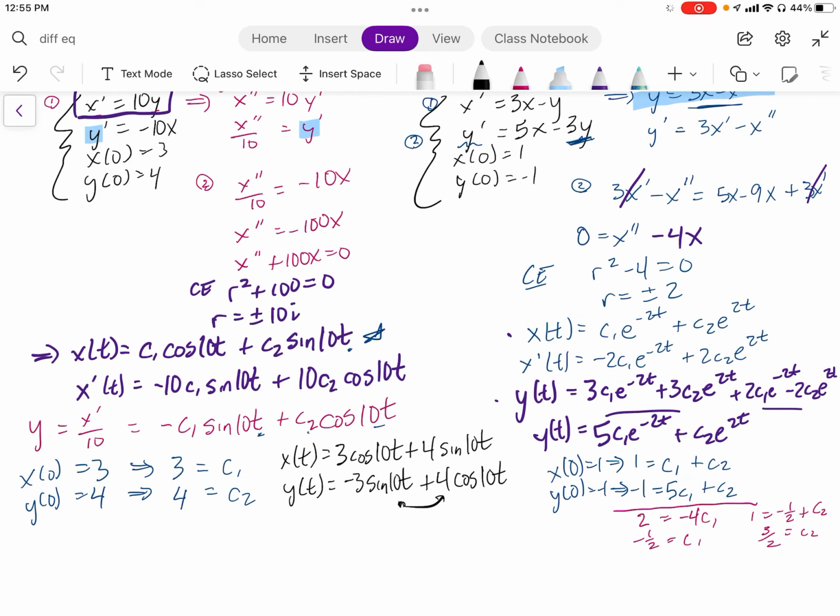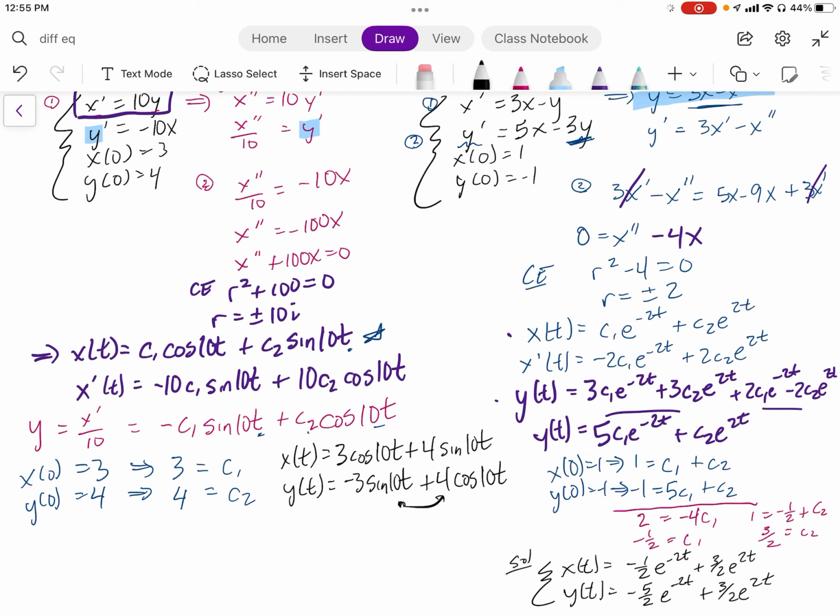That means our solution, x of t, is c1 e to the negative 2t, so negative 1/2 e to the negative 2t, plus c2, so plus 3/2 e to the 2t. y of t, we have 5c1, so negative 5/2 e to the negative 2t, plus c2, so plus 3/2 e to the 2t.